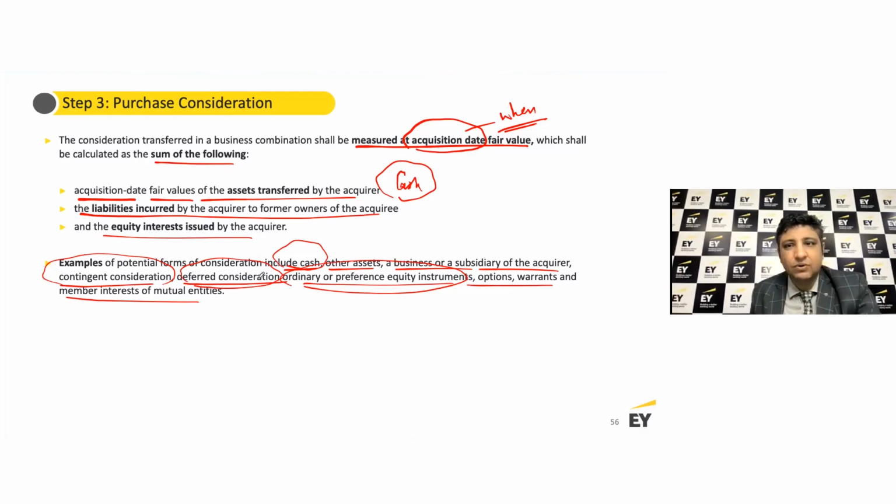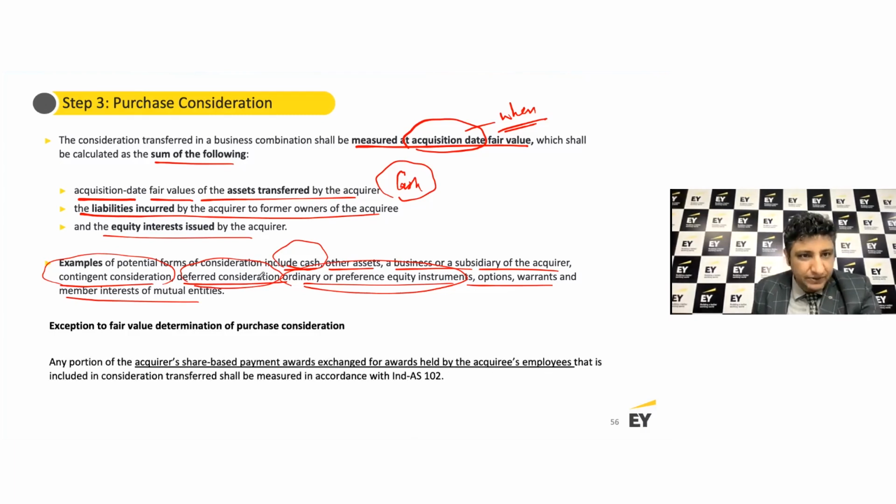Okay, so when we look at assessing the fair value of what you're paying, there are limited exceptions to that. There could be instances when the acquirer's share-based payments are exchanged, or let's say, towards payment to the acquirer's employees, right?